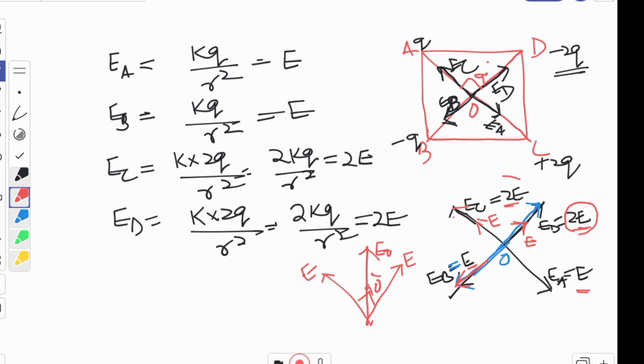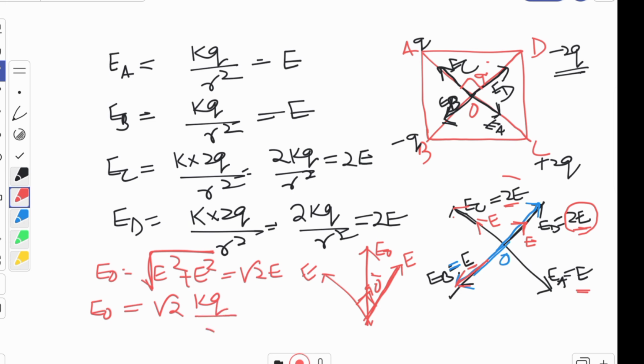Now how to find out this? One thing is Pythagoras theorem. Since it is 90 degree, we can write Pythagoras theorem, EO will be how much? E square plus E square, square root. Since it is 90 degree, cos 90, you know all those things. So you will get finally root 2E. Root 2E means your E naught will be root 2 KQ by R square. Okay, this is one way.